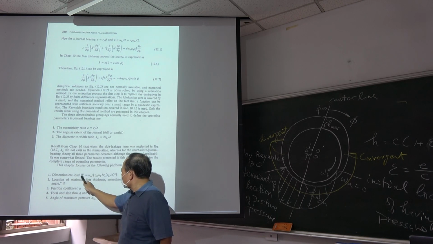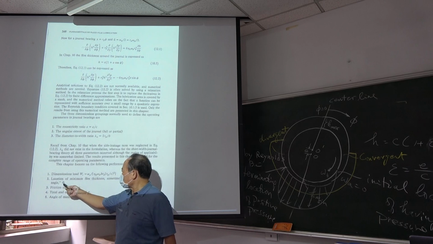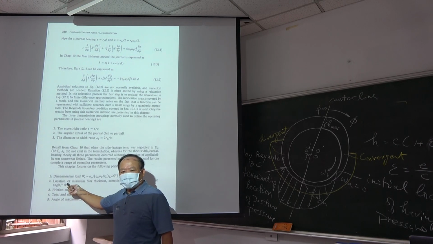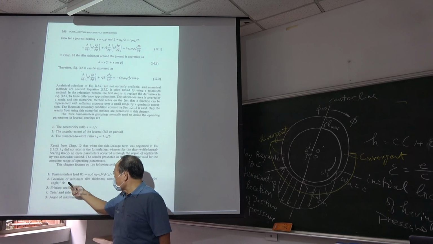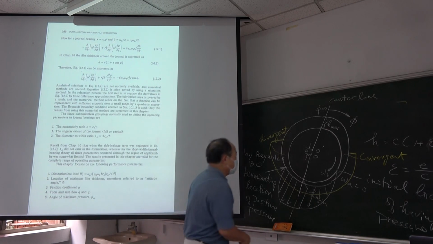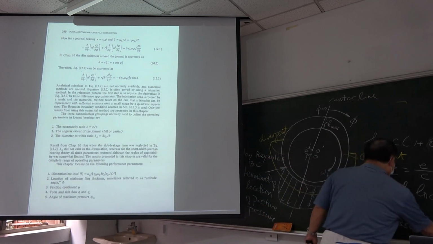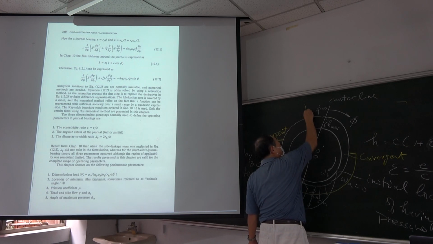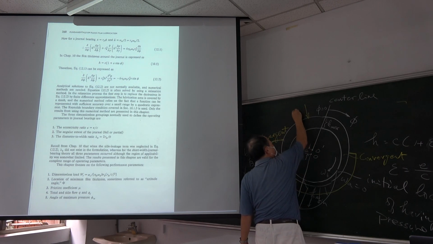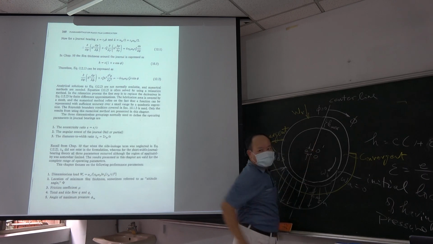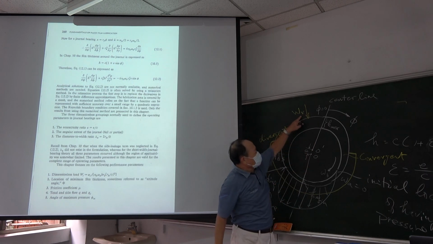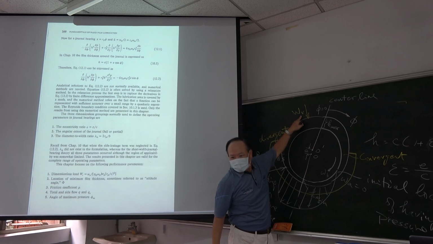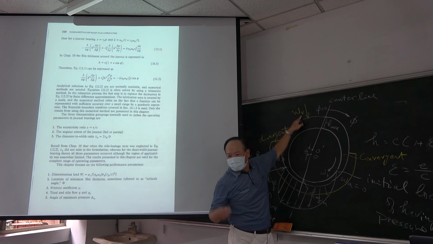So we have the dimensionless load. The other we call capital phi. How to define it? We have a load, maybe in this way. This is an external applied load (这是外施的力量).